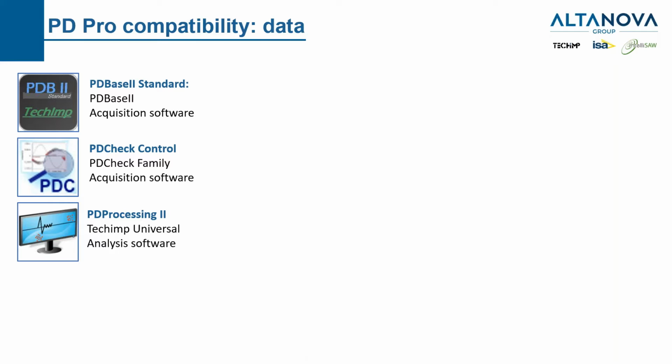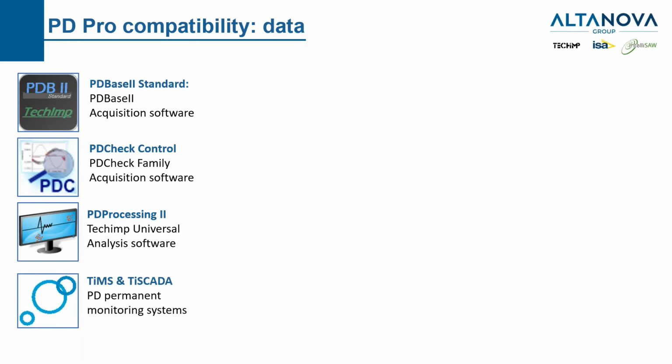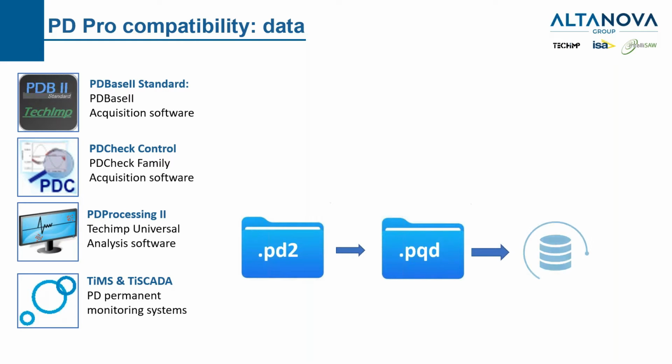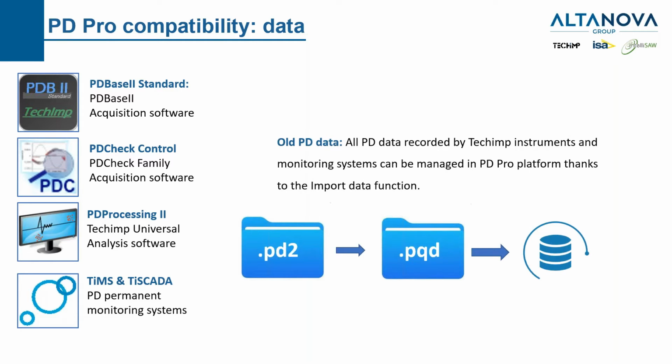And then we have the PD processing, which is the universal analysis software, and the TEAMS and T-SCADA, our monitoring systems. Those create a large amount of PD data that can be analyzed. All this data can be saved into our new DB of the PDPro. So we can include all the data previously acquired with the older software versions in the new PDPro database.